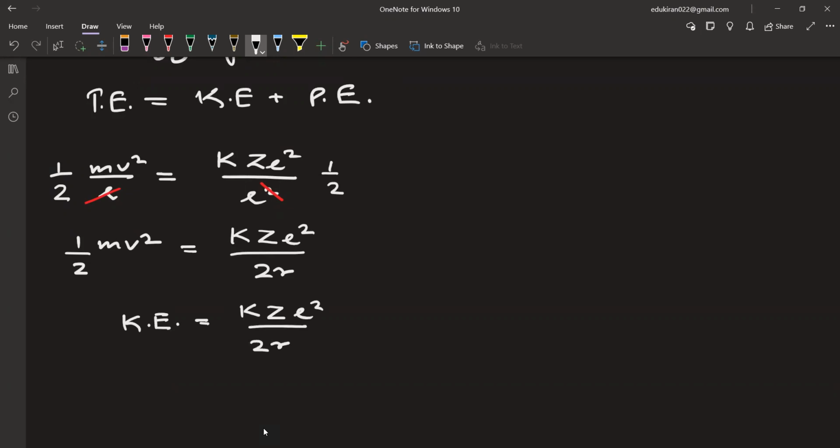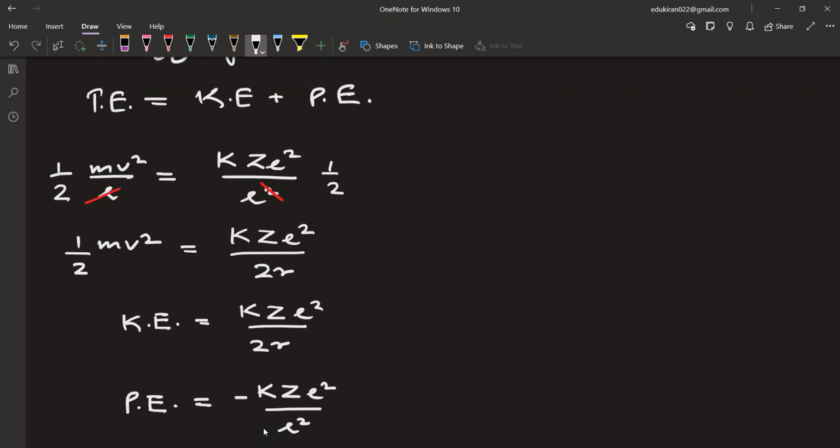Okay, and what is the potential energy? Potential energy will be equal to k ze square upon r square. अब यहाँ पे potential energy में ना I will give a negative sign, and I will tell you why the negative sign is there.